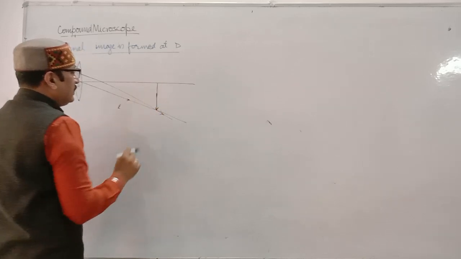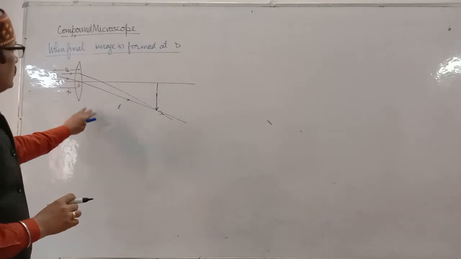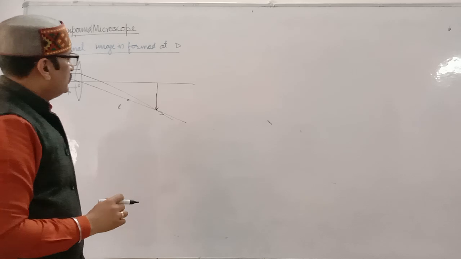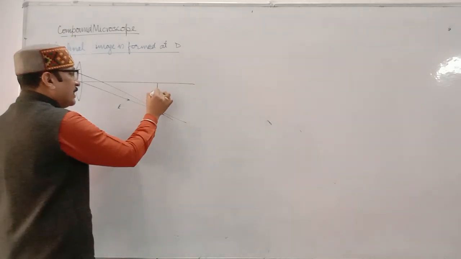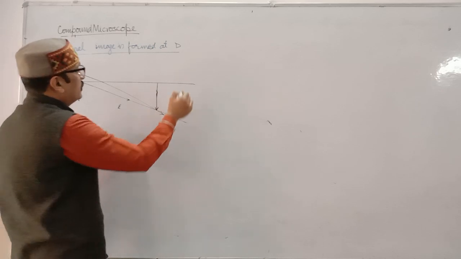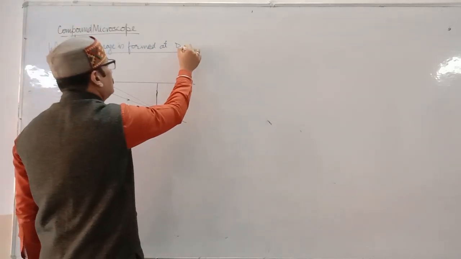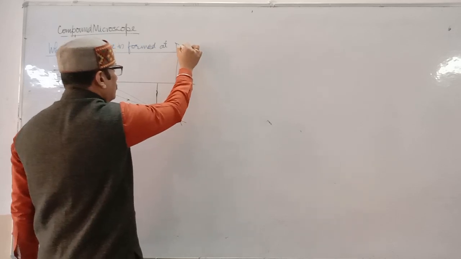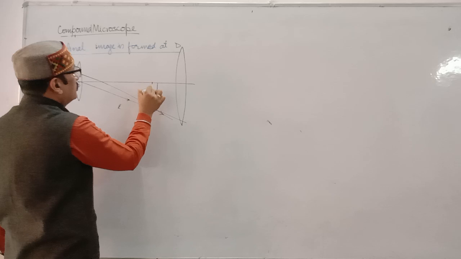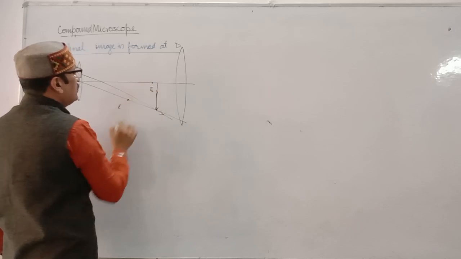Now, if the final image by the compound microscope is to form at the least distance of distinct vision, then this image, which will work as the object for the eyepiece, should be within the focal length of the eyepiece. So this will be the focus of the eyepiece.